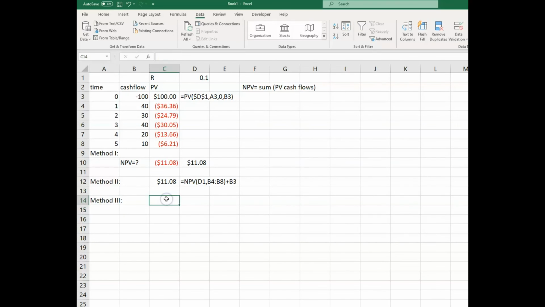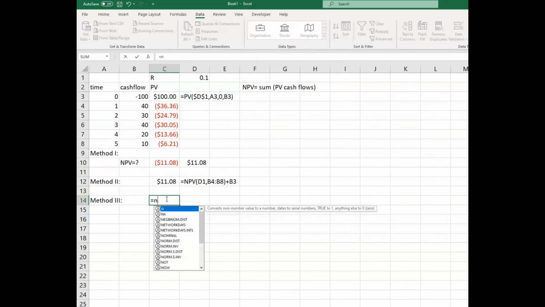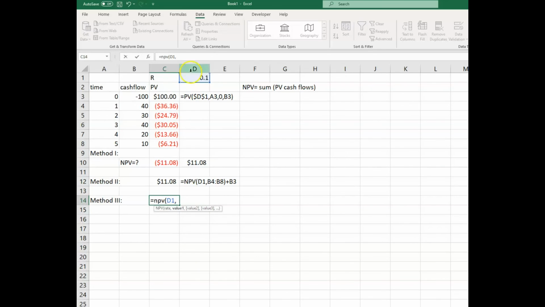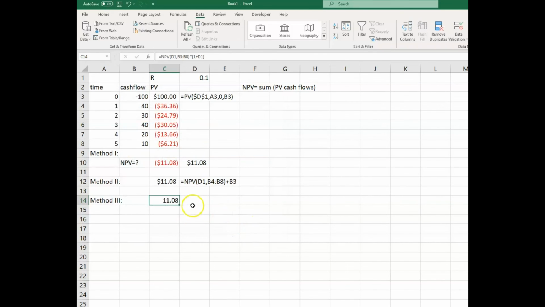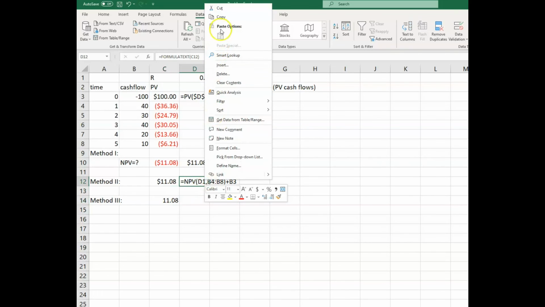Let's look at method 3. For method 3, we simply apply the NPV function to all the values, including the initial cash flow, then we multiply by 1 plus R. I'm going to format this one and show the formula.